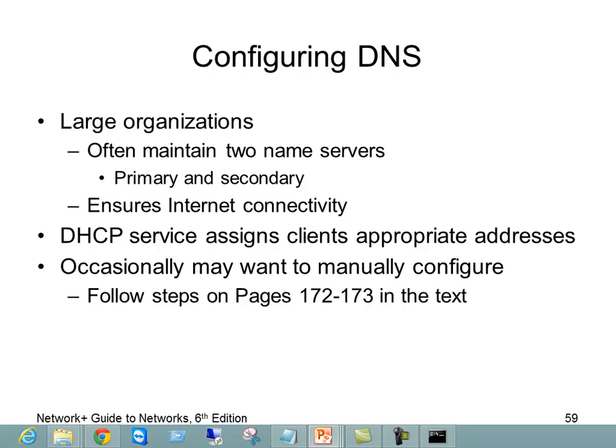So in that earlier picture, where we showed the different ways that things are resolved, here it would be first hit the server on the floor to see if it knows the answer. If it doesn't, hit the server in the bottom of the building. If that doesn't know the answer, then go to the main server for the campus, then go to our ISP, then on up and on up until you finally get an answer.